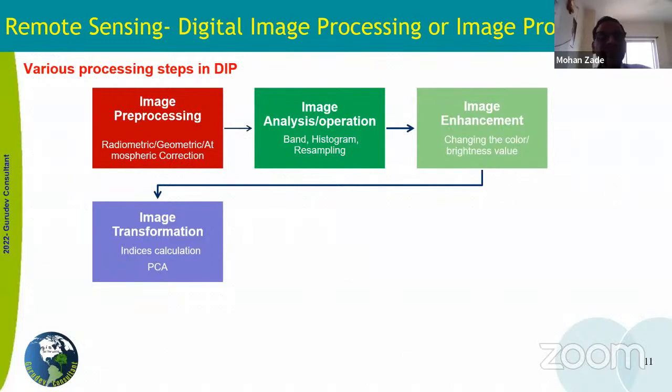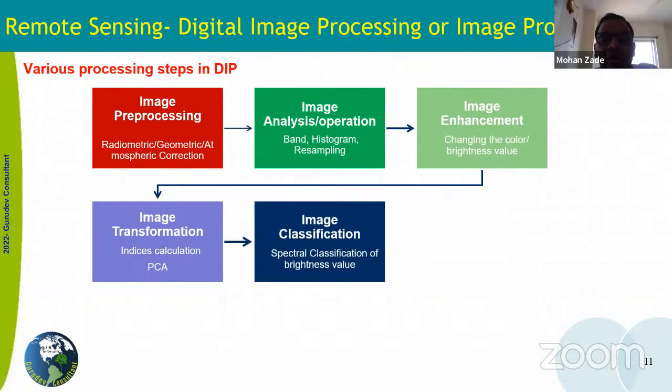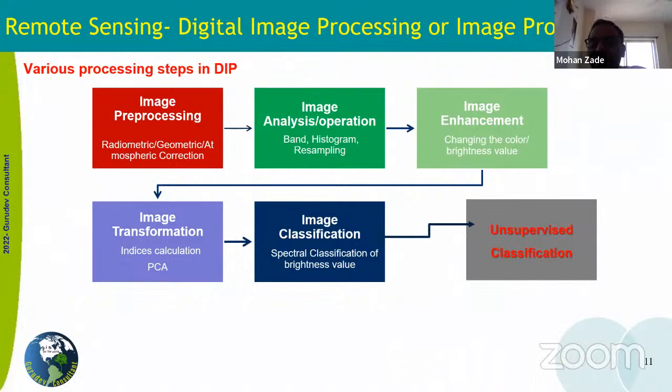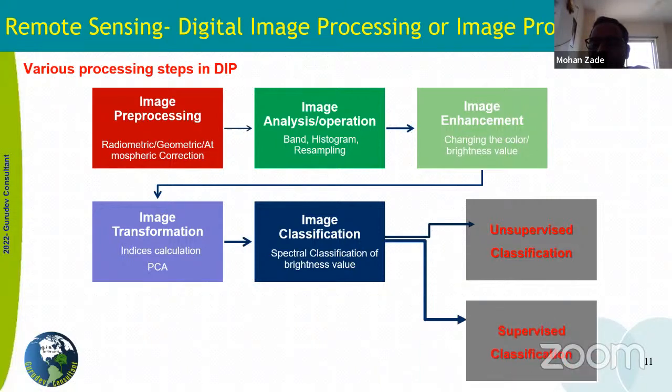Then image transformation, where you calculate some indices or extract some information. Then you go for image classification. Image classification is nothing but classifying your entire data into certain groups. And this classification can be done in two ways, unsupervised and supervised. There are many other classification techniques available, but the classic ones are supervised and unsupervised.